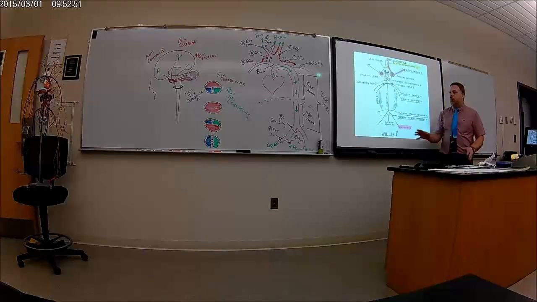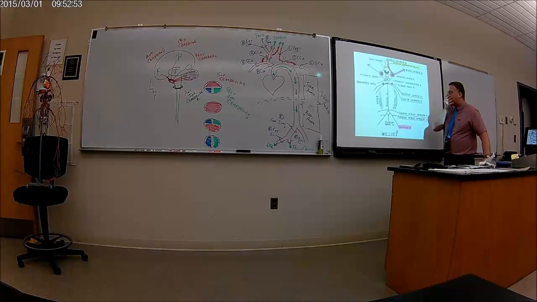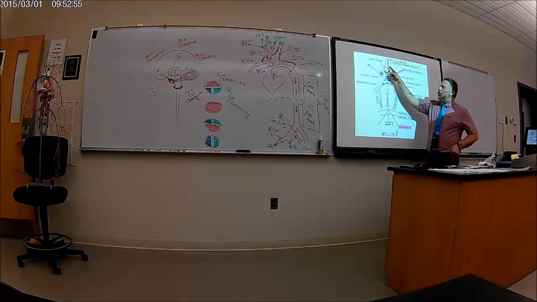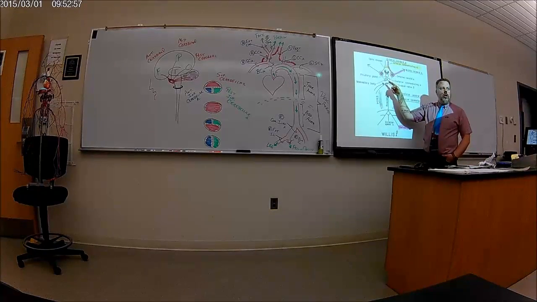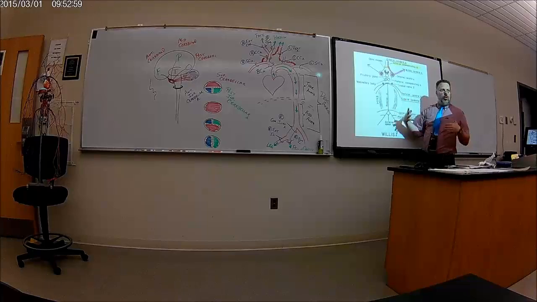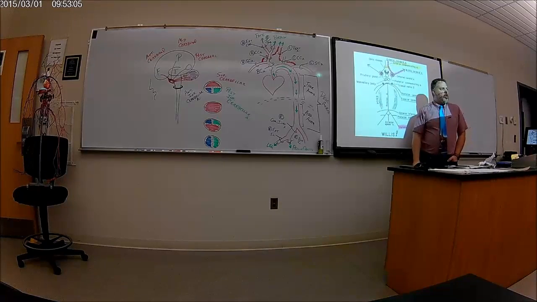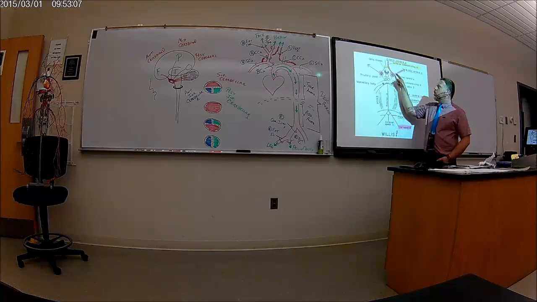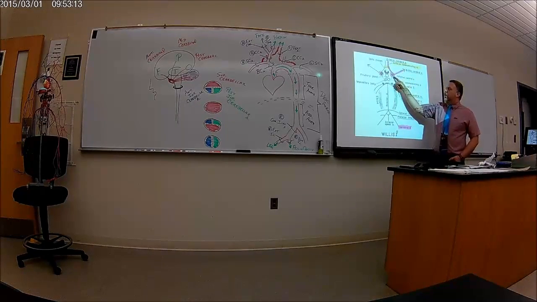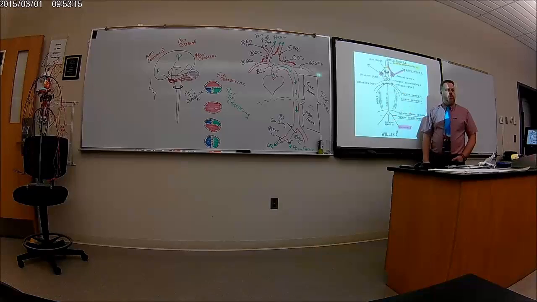All right, so let me put this all together now for you. Here's the circle of Willis. The internal carotid is going to give blood supply there. You're going to have 3 branches off the internal carotid arteries. The anterior cerebral, the middle cerebral, and the posterior communicating.